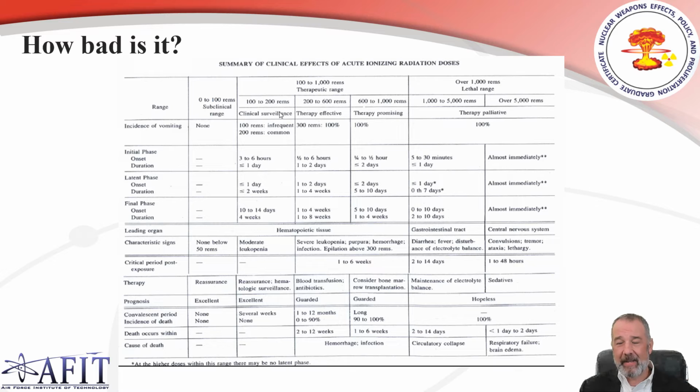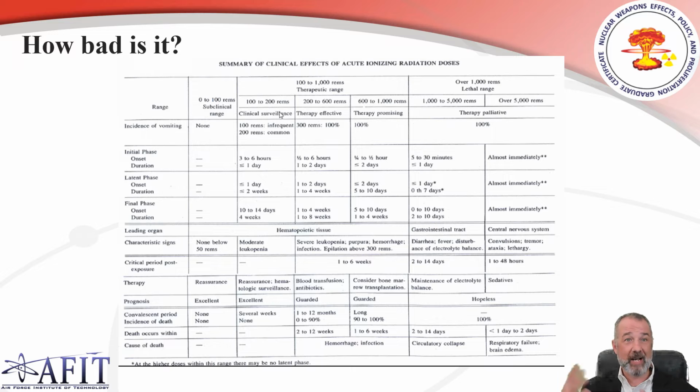Whereas in the 1,000 to 5,000 rem range, depending on how the exposure was, what systems were affected, you can get 5 to 30 minutes, duration in terms of days, and latent onset days going out to weeks, and then days kind of maxing out at about 10 days.